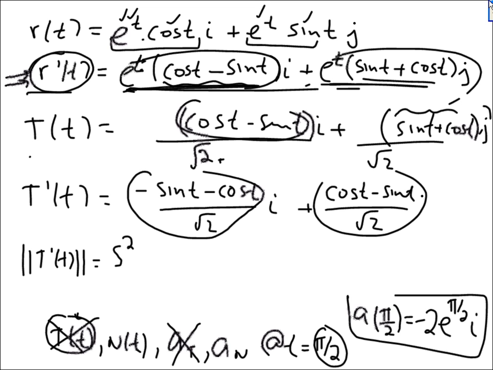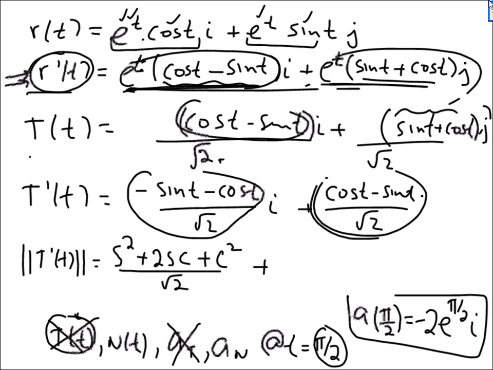So you get sine squared of t plus 2 sine t cosine t plus cosine squared t, all over the square root of 2 squared. Plus, now you square the j component.